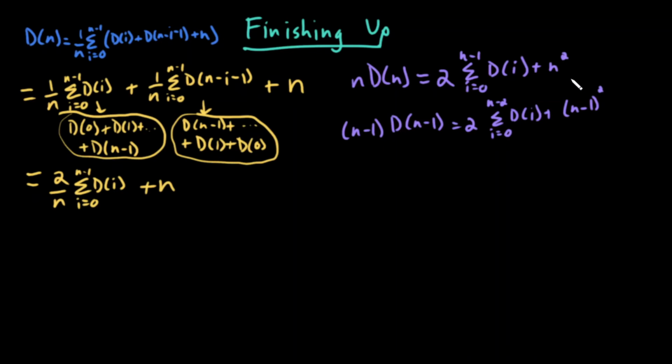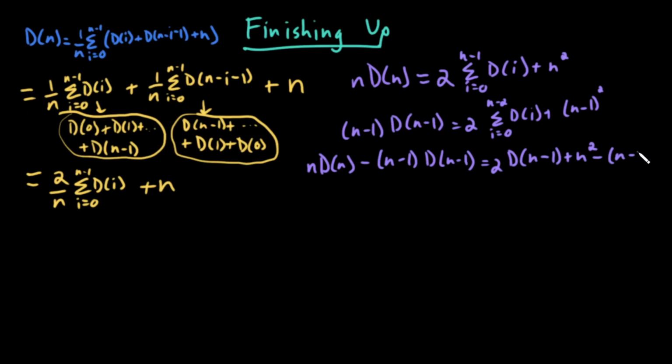And then I can subtract this equation from the one before it, and I would get n d of n minus n minus 1 d of n minus 1 equals 2 times d of n minus 1 plus n squared minus n minus 1 squared.